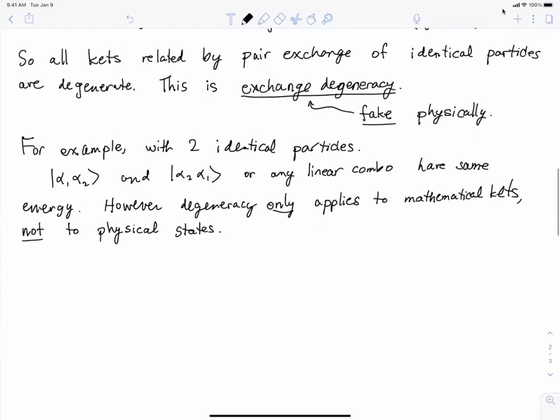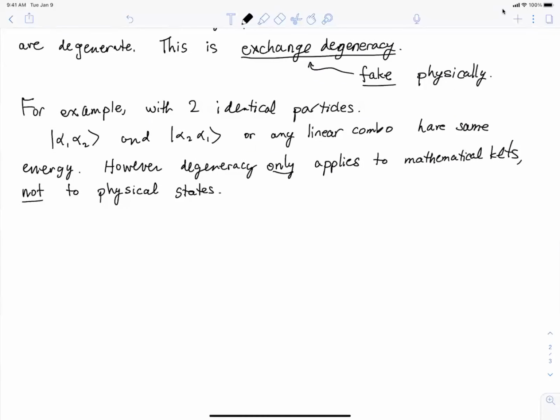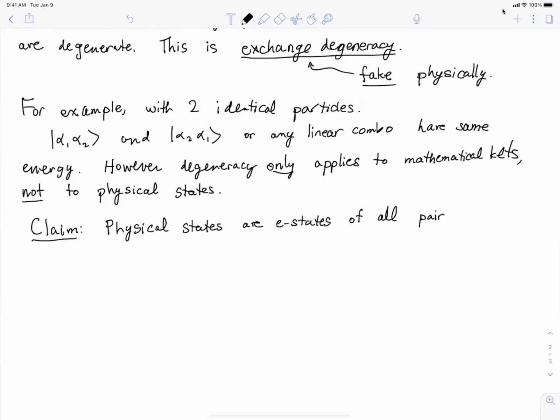So here's the claim that supposedly makes this true, is that physical states are eigenstates of pair exchange operators. As opposed to the kets, which don't necessarily have to be. And they have to be eigenstates of all pair exchange operators at the same time.